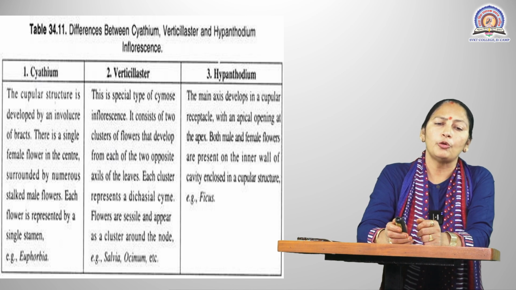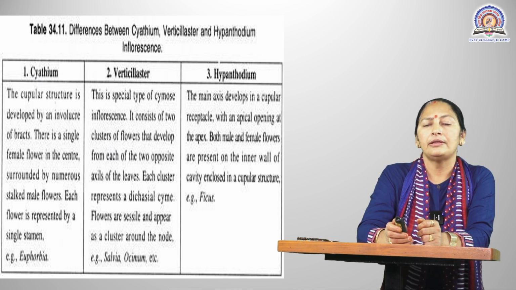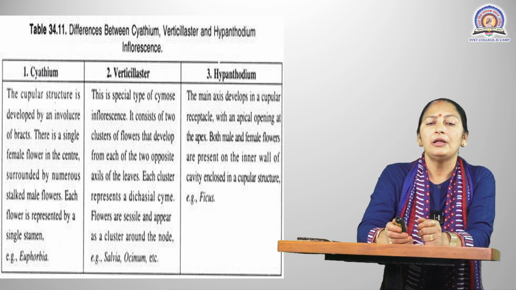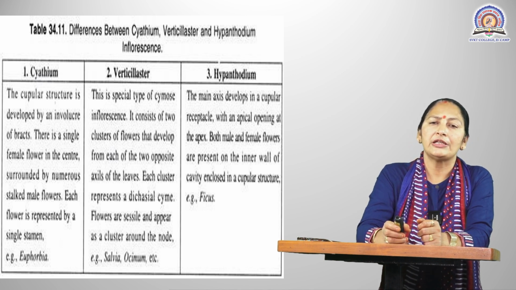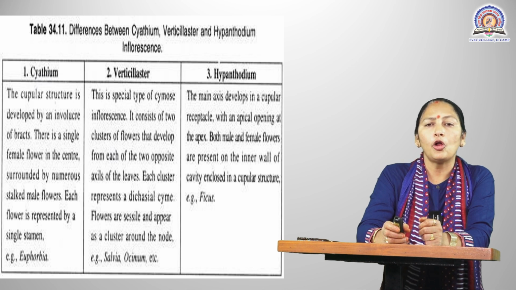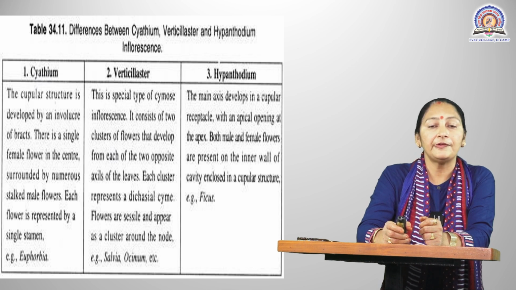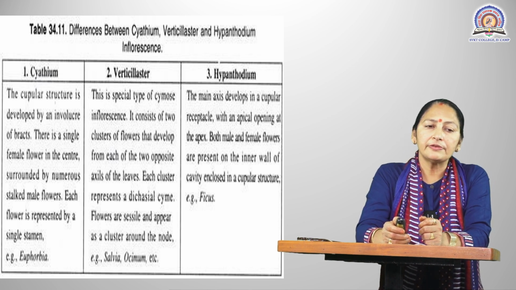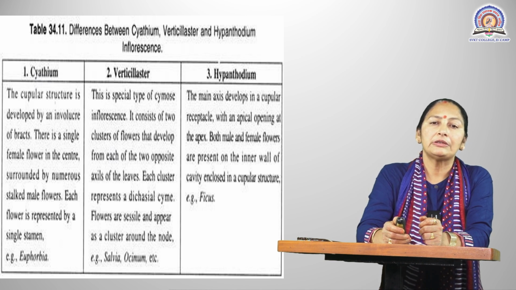At the apical opening, the apex side, are the male flowers, on the basal side the female flowers, and in the middle area of the receptacle the gall or sterile flowers are arranged. An example is the ficus; fig is a good example of the hypanthodium. In this way, these are the differences between the three special or modified inflorescences.